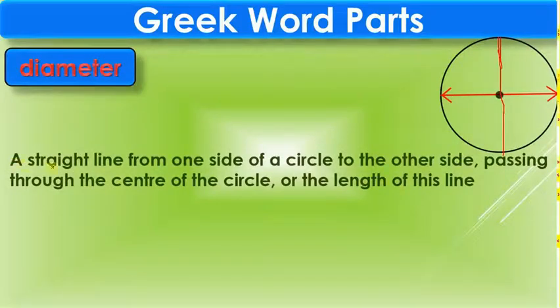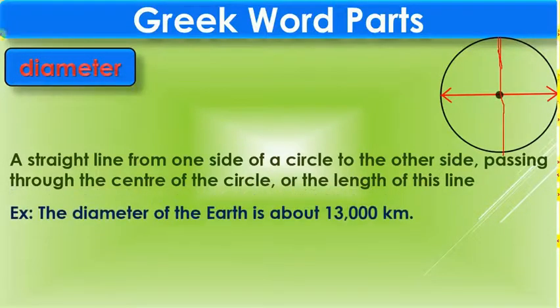So diameter is a straight line from one side of a circle to the other side, passing through the center of the circle, or the length of this line. For example, the diameter of the Earth is about 13,000 kilometers.